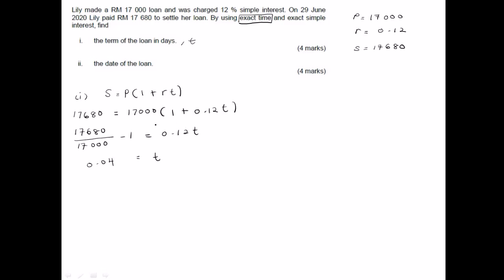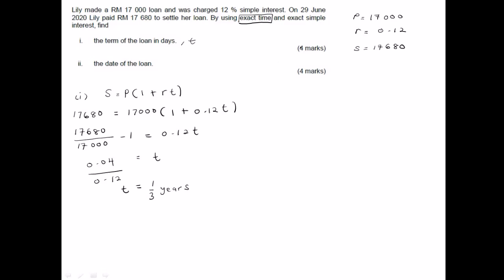We want to find T, move 0.12 to the other side. And from there, we get T equal 1 over 3. And remember, if R is in percentage, then T is in years. So 1 over 3 years.